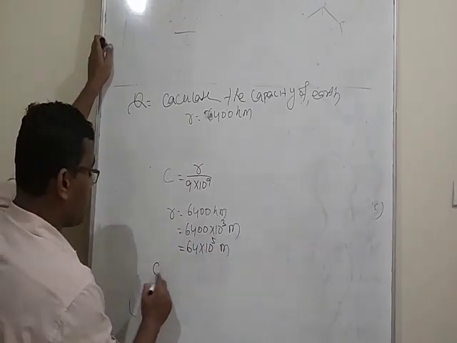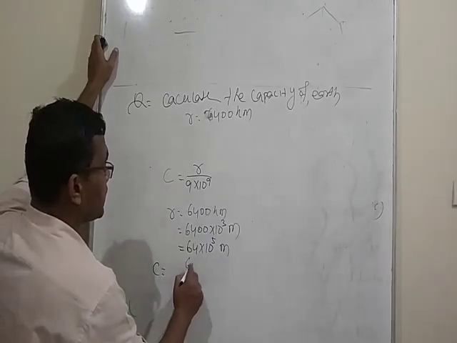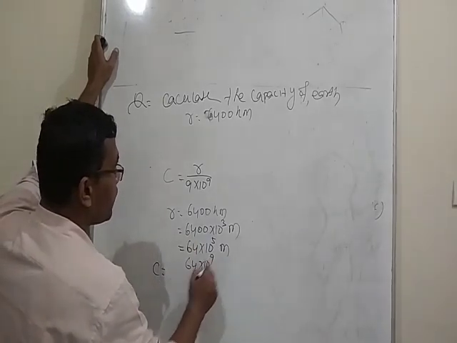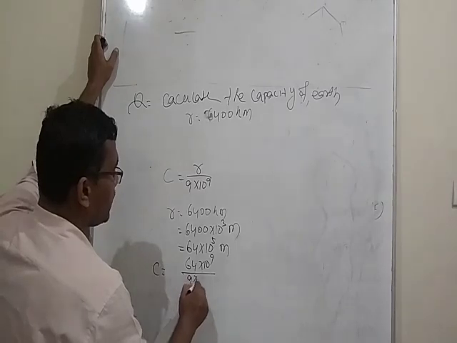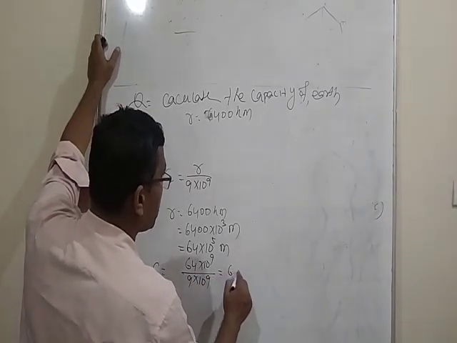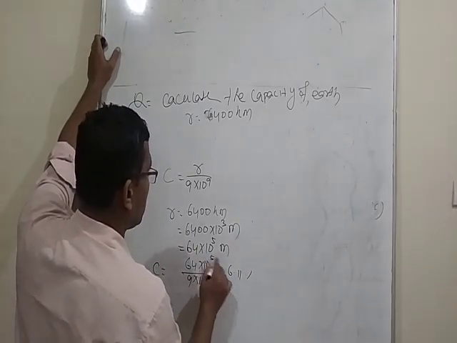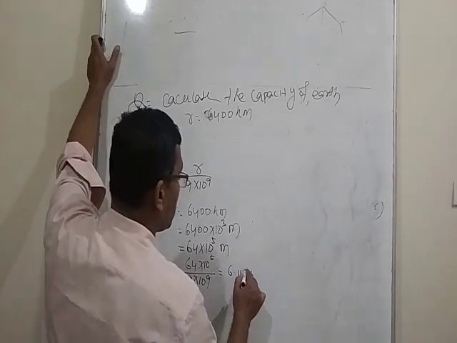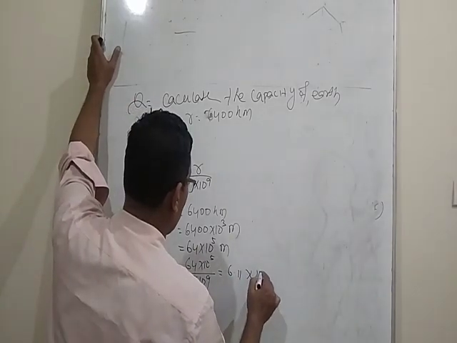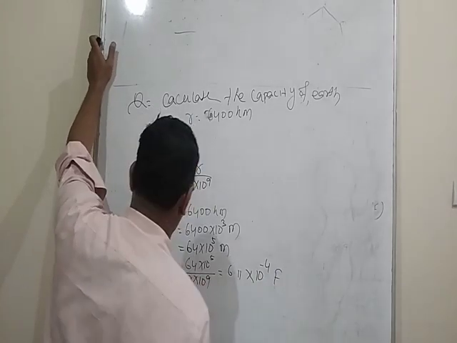Now C equal to R by 9 into 10 to the power 9, which is 64 into 10 to the power 5 divided by 9 into 10 to the power 9. This comes to 7.1 into 10 to the power minus 4 farad.